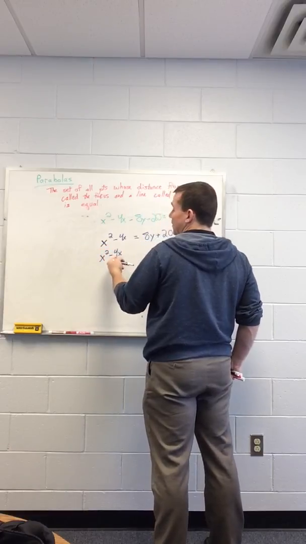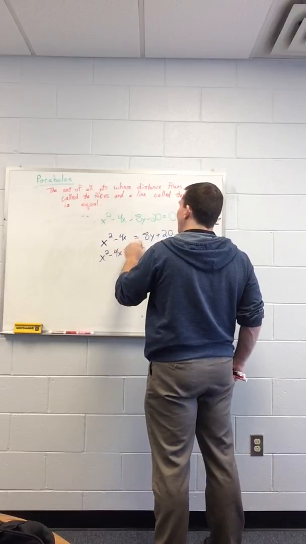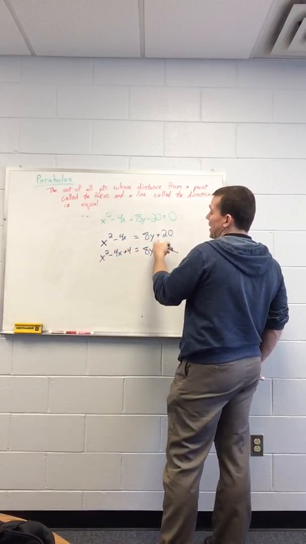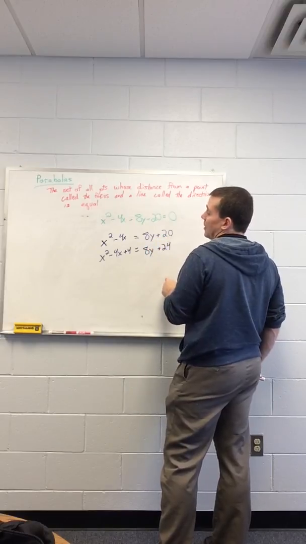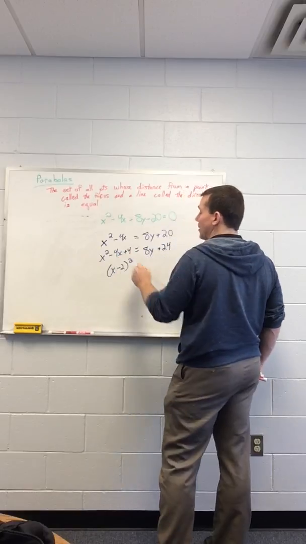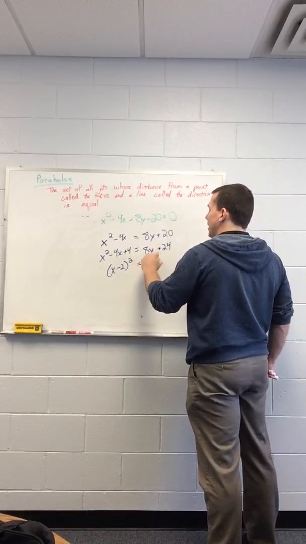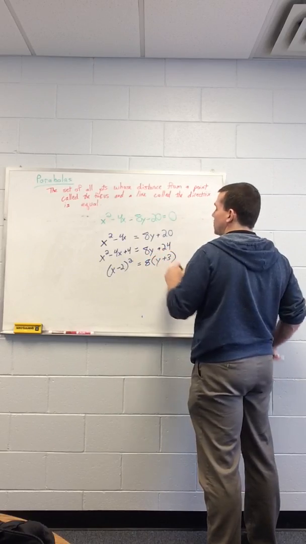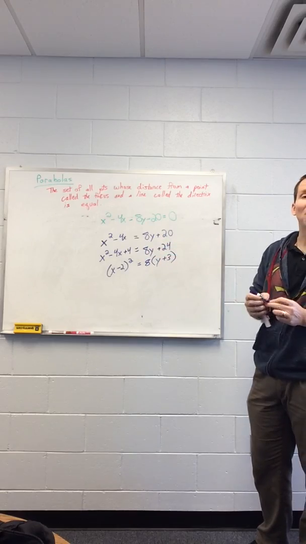So it's x squared minus 4x. Half of 4 is 2. Square that, you get 4, so I add 4. So I add 4 over here, and I get 8y plus 20 and 4, which is 24. Now over here, this becomes x minus 2 squared equals, here, factor out the 8, and you get 8 times y plus 3. Now I have that in the form I want.